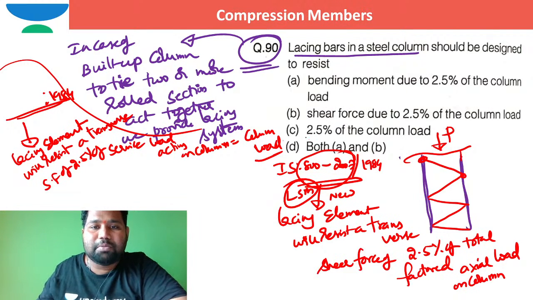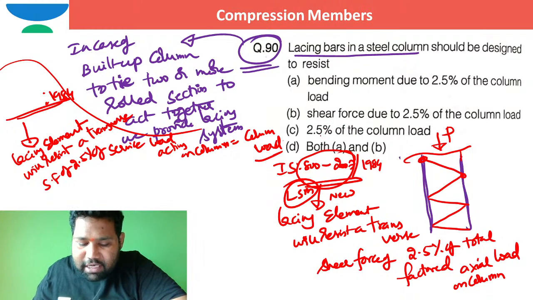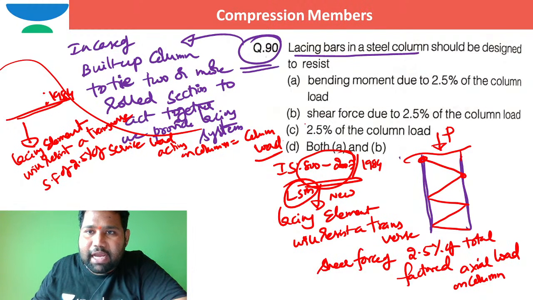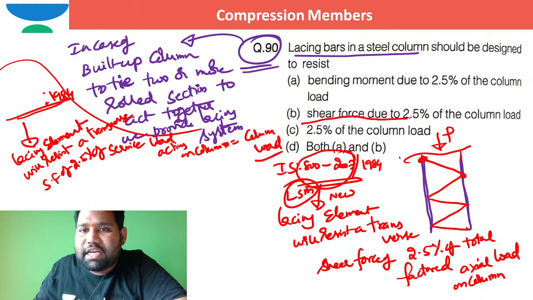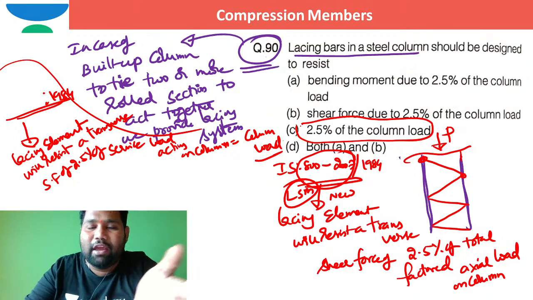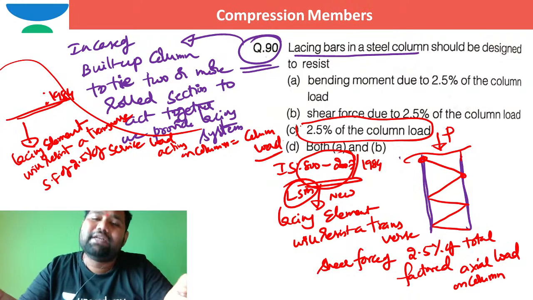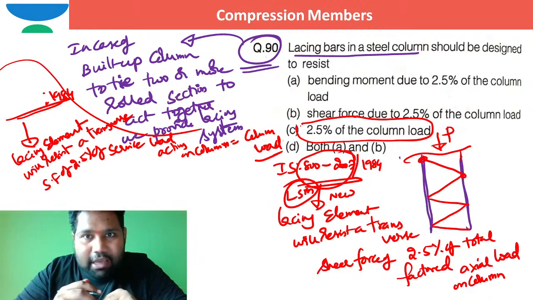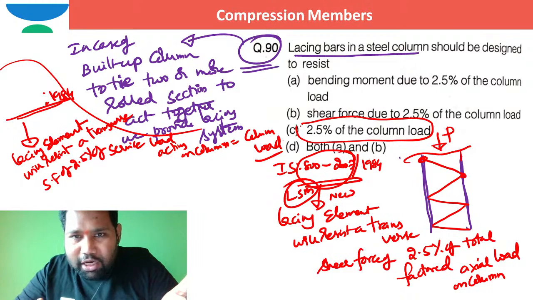People think the option is C, but in option C, was it mentioned whether it is transverse shear or shear force? Omkar Vasagatekar, was there anything mentioned like shear force? The nature of force was not mentioned in option C. They just mentioned 2.5 percent of column load. Whether it is shear force, bending moment, or torsional moment, nothing was mentioned. Will you pick C? No. We have some sense that the nature of force should be mentioned.